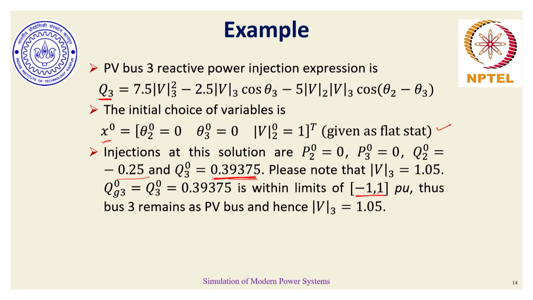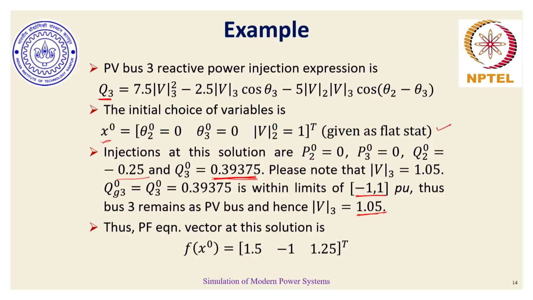So, bus 3 remains a PV bus and V3 is still 1.05 per unit. Switching of PV to PQ is not necessary in the first iteration of Newton-Raphson update. Whereas in the recursion of the Gauss-Seidel method, we saw that the update or change of PV to PQ status was essential. So, with known P2, P3, Q2, we get f of x.